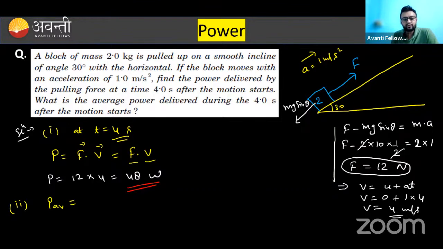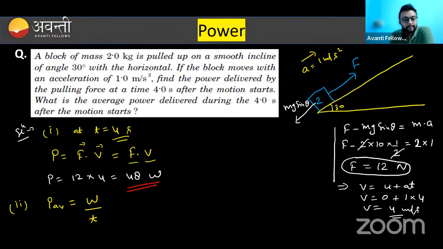P average is equals to work done over time. Ask yourself why we are not using the previous case. We used P equals to F dot V in the previous question, and I told you power is constant. Then why are we not using it this time? Ask yourself, and then you will be able to answer.